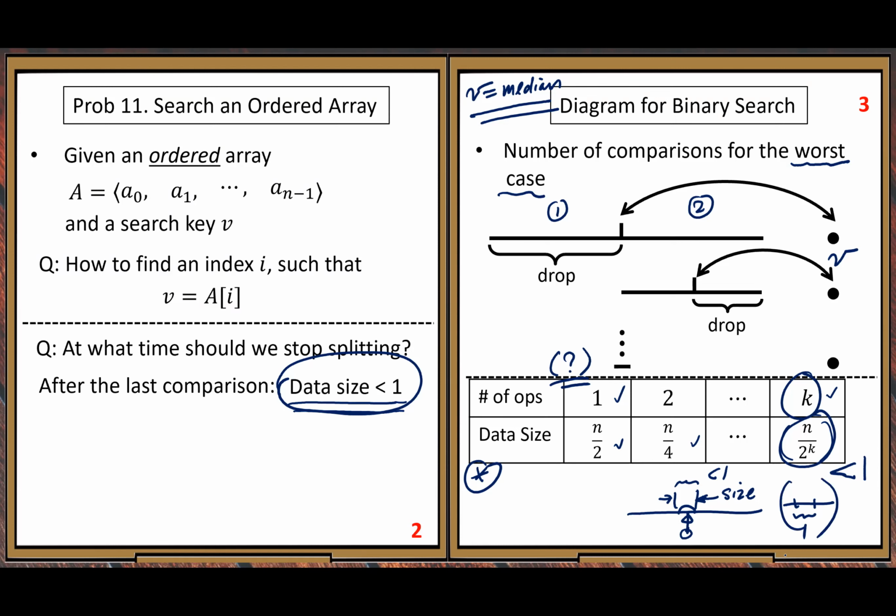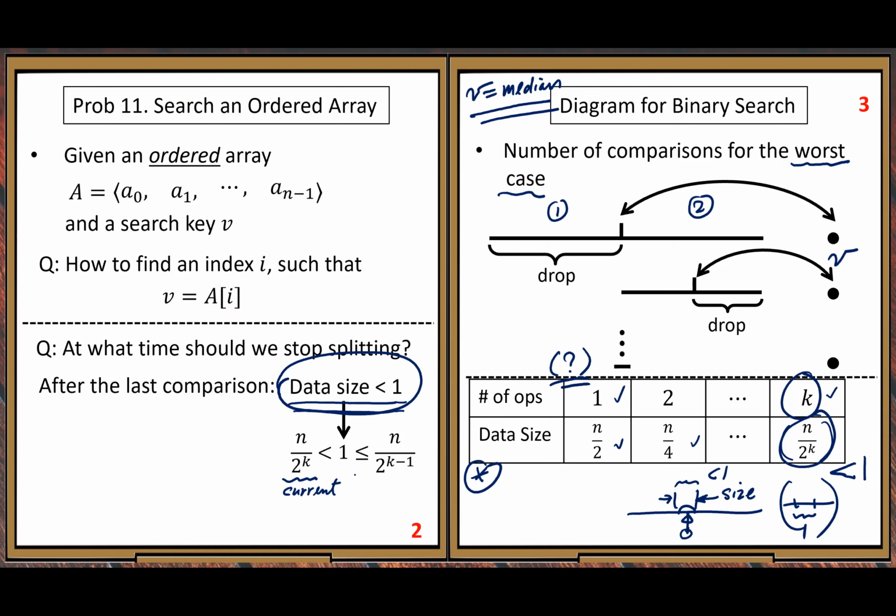If it is equal to 1, you have a chance to cover two elements, right? So you need to do one more splitting. But here, strictly less than 1, no reason to do another splitting. So that is the stopping criterion. Because this is our size expression, this is the current size.